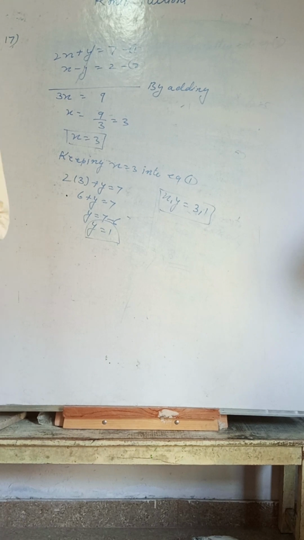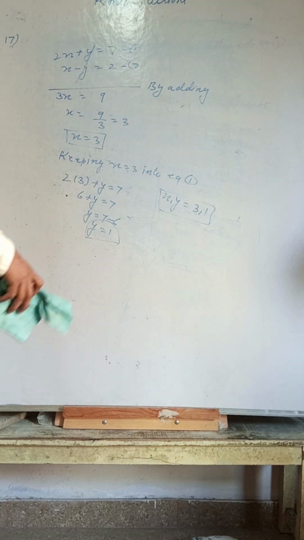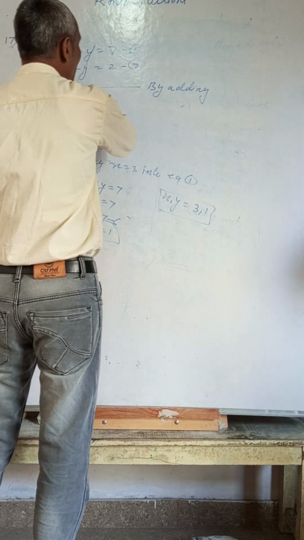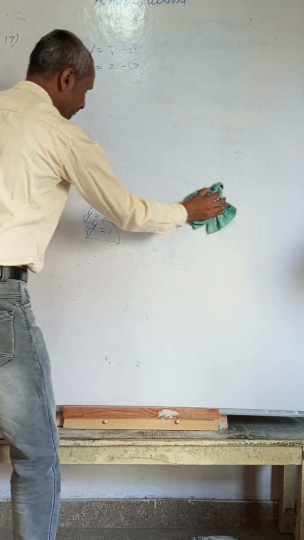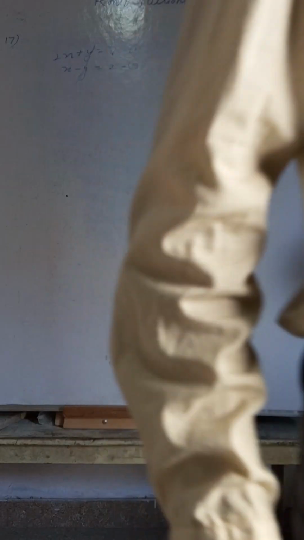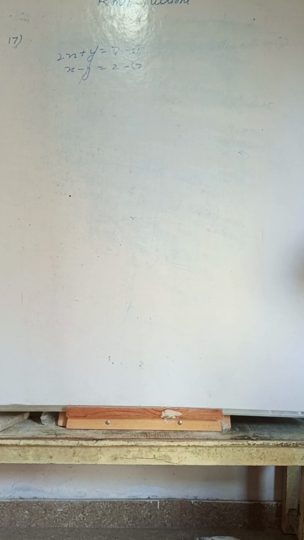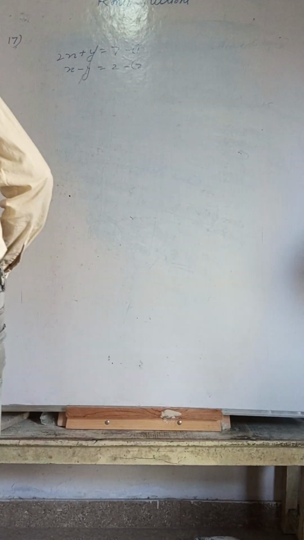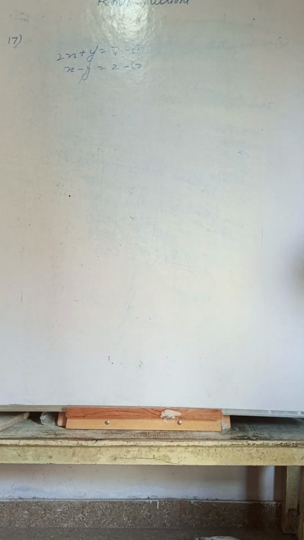Now we are going to find the value by the cross multiplication method. How do you find it? That we are doing now. To find the value by cross multiplication, we have to remember the formula.